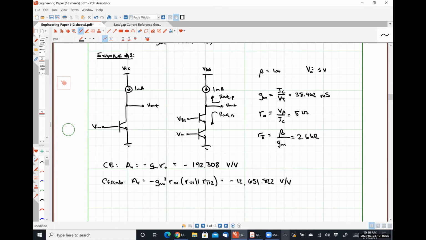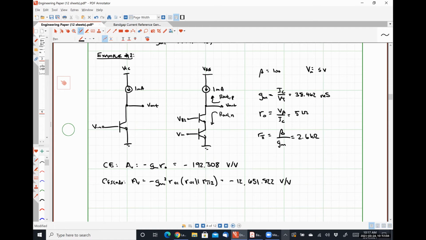If we were to use a single BJT or PNP BJT as a current source, it has a very small output resistance as compared to the cascode, right? And so we would see a small resistance in parallel with a large resistance, which looks smaller than the small resistance.